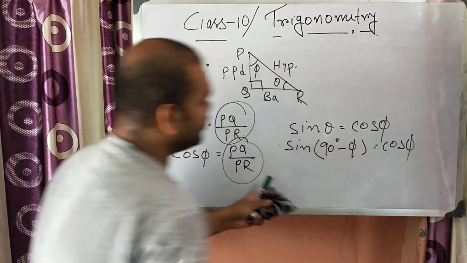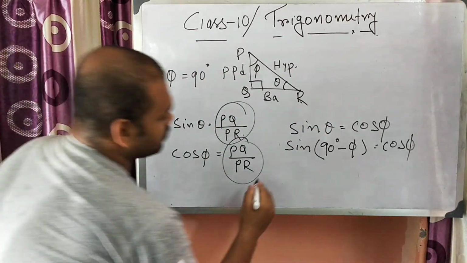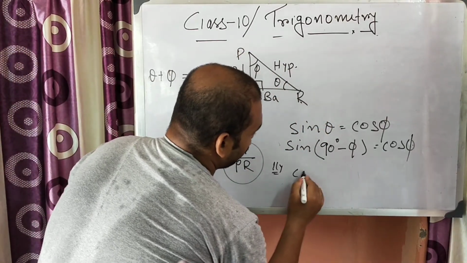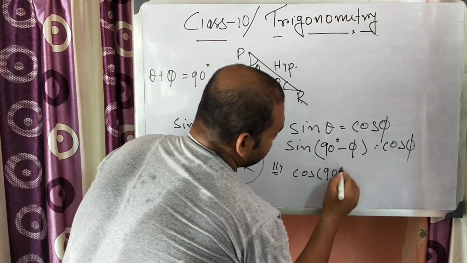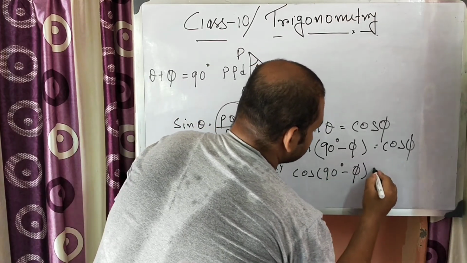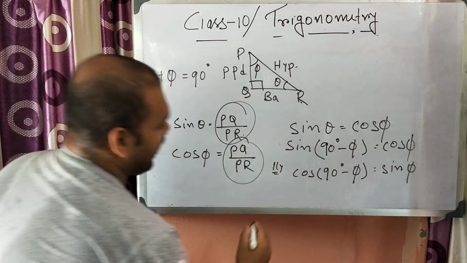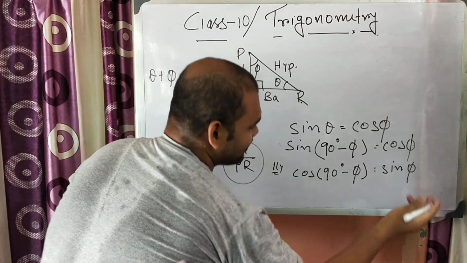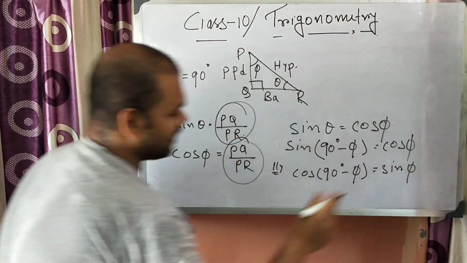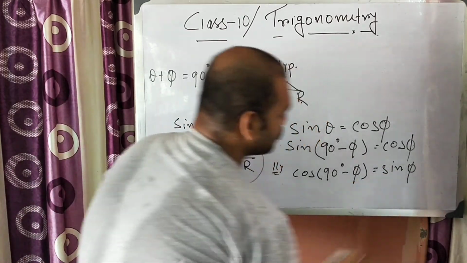This is the relation between complementary angles. Similarly, cos of 90 degrees minus phi is equal to sin phi, and tan theta, that is tan of 90 minus phi, is equal to cot phi.